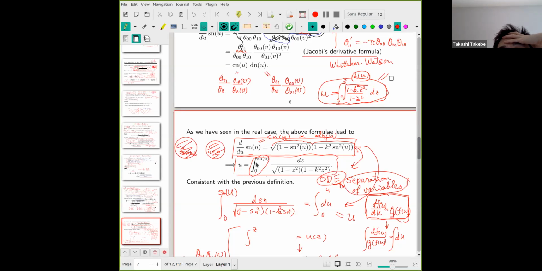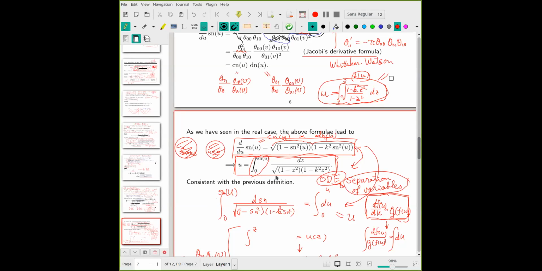And then there is no difficulty to consider such an integral. And since this expression is holomorphic in u, we can analytically continue everything.